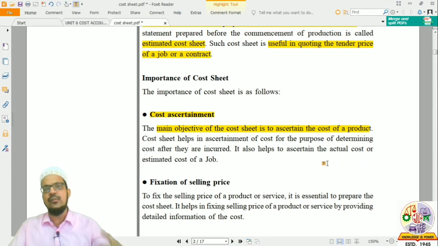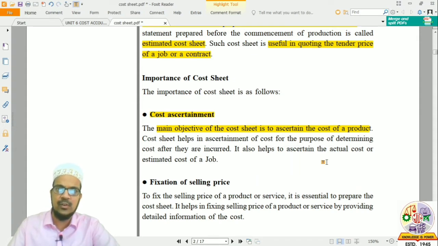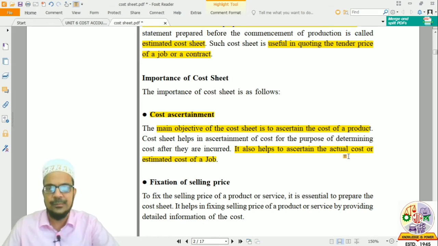The cost sheet will help you in determining the actual cost of the product as well as various other components of the cost, like how much material is required for production, how much labor is required for production, and so on. So the first importance of the cost sheet is that it helps in ascertaining the cost, actual cost or estimated cost, of the product or a job or a contract.